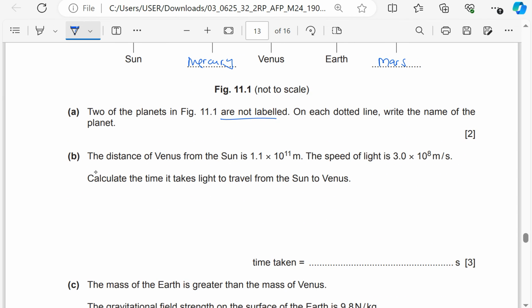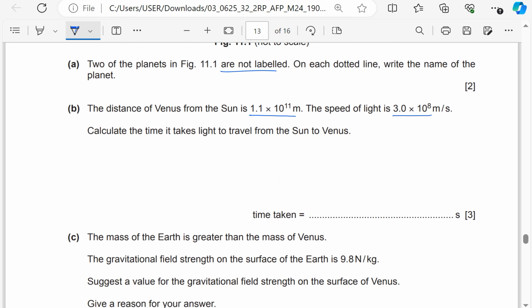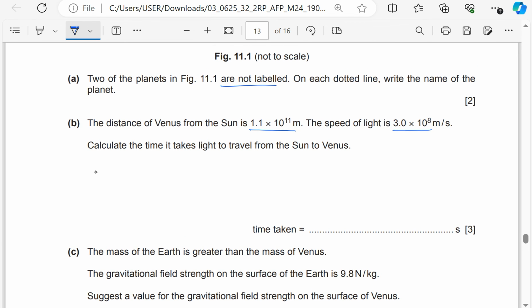Then the distance of Venus from the Sun is 1.1 times 10 to the power of 11 meters. The speed of light is 3 times 10 to the power of 8 meters per second. Calculate the time it takes light to travel from the Sun to Venus. So we have the speed and the distance. We know that speed is equal to distance divided by time.